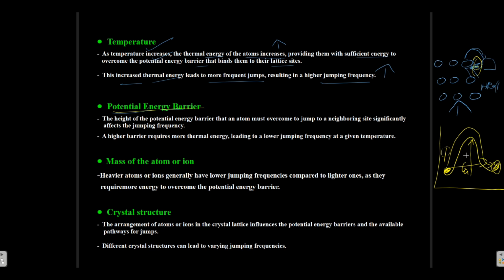So this is called potential energy barrier, or this gap can act as a potential energy barrier. So you can see over here the height of the potential energy barrier, this height that an atom must overcome to jump to a neighboring site significantly affects the jumping frequency. So this height affects the jumping frequency.